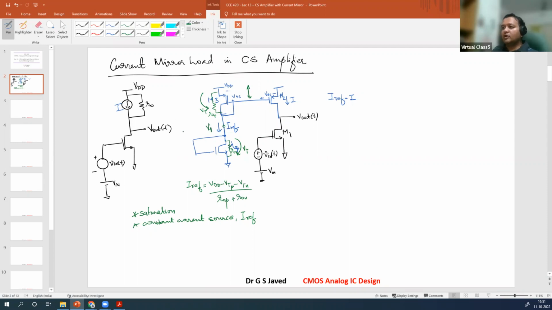So this has an important layout criterion, because you should ensure that this same voltage is appearing at all the 5 terminals. Terminal 1 and 2, terminal 3 and 4, terminal 5. So 5 terminals of these 3 transistors should be connected with a similar voltage.